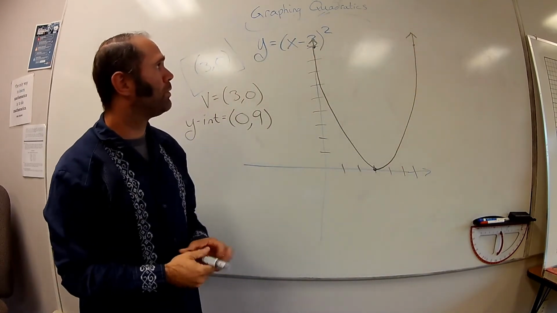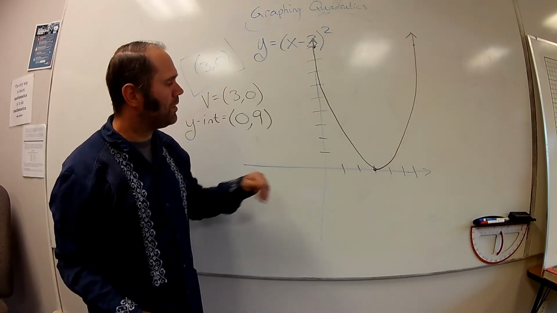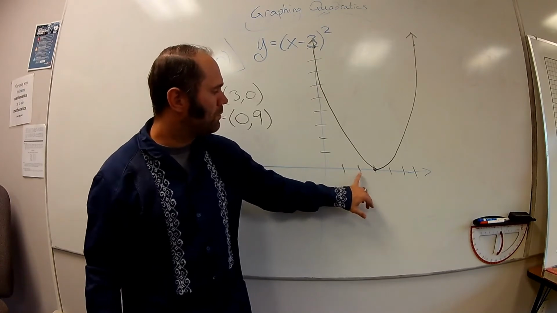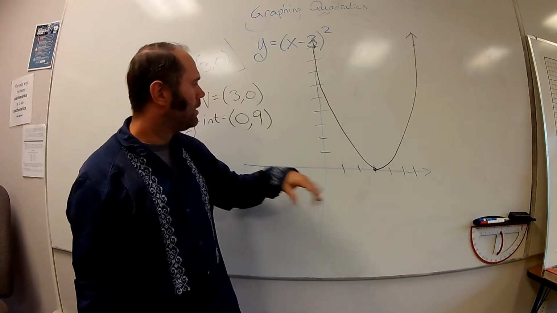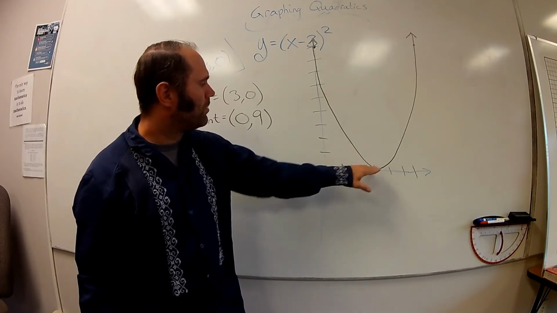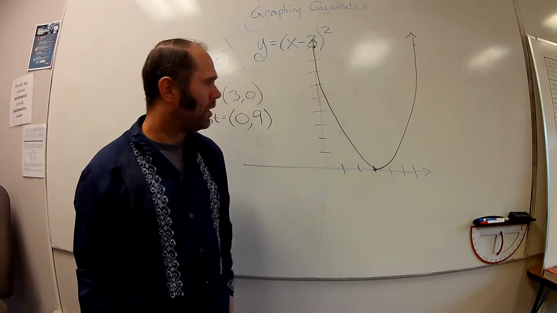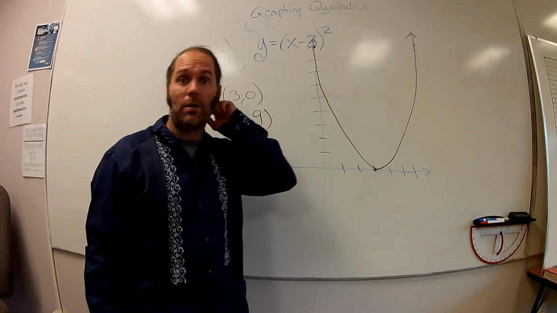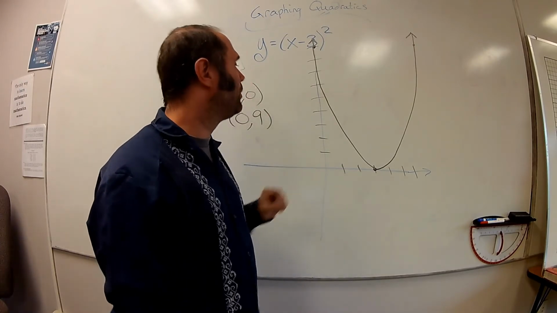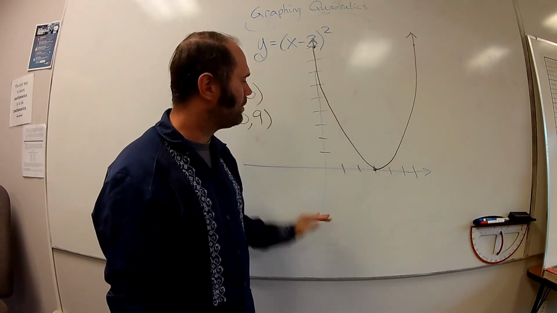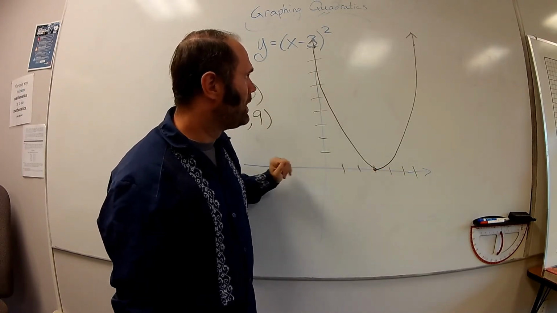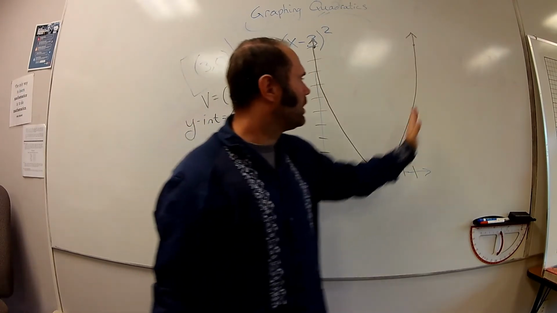And there you go. That's pretty much as good as we can get. Obviously, we could have plugged in 2 for x to find some other points to see how it curves. But this is the requirement. The minimum requirement is that you find the y-intercept, the x-intercepts, and then mirror it over.